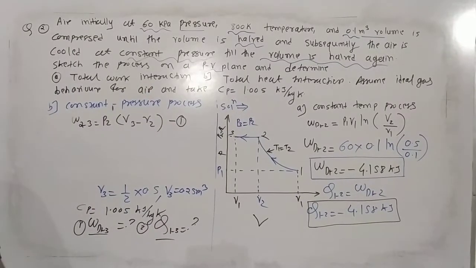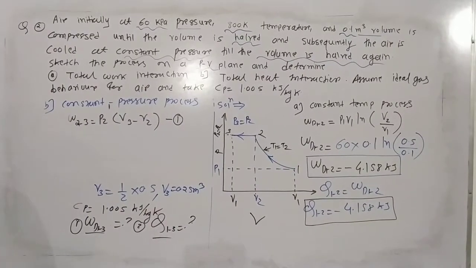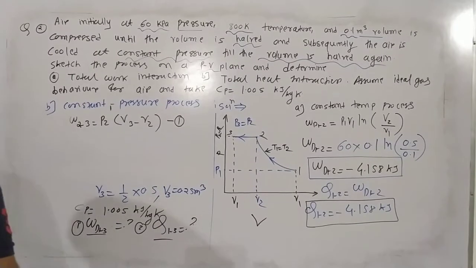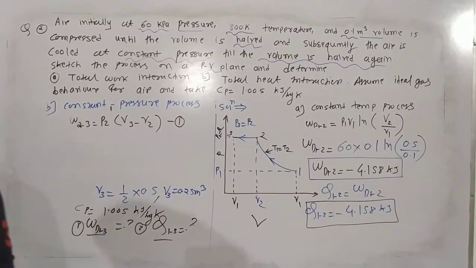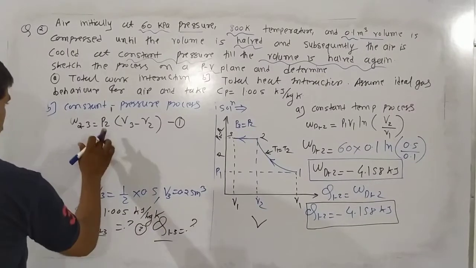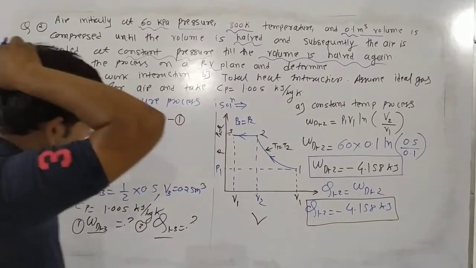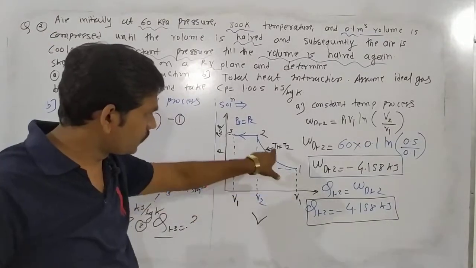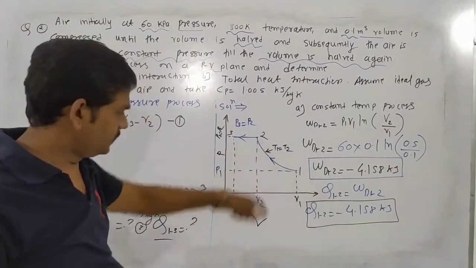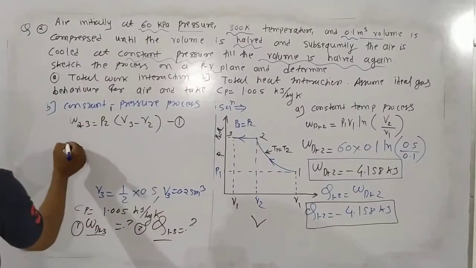So how do we determine P2? We have to determine this P2 from process 1 to 2, the isothermal process. Let's see how it is determined.